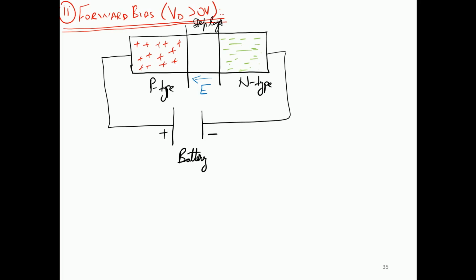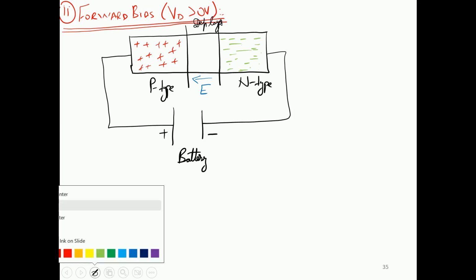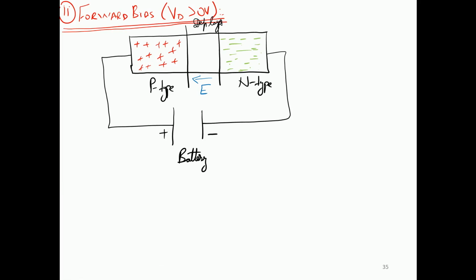When this scenario happens, you can immediately see what is going to happen to the charges at the atomic level. The positive side is going to push the P type or the holes in the forward direction towards the depletion layer. So you can see that the concentration of the holes is going to increase. They are going to push this.